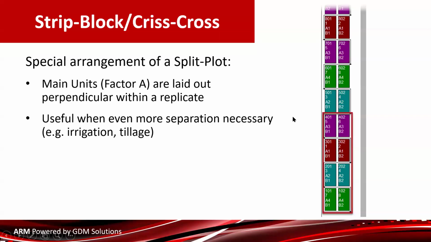Let me go to my slide. Maybe really this would be like plot 101, right? The one main unit they would think of as 101, and then you have 101.1 and 101.2, left half, right half. I don't think we have the ability to number those like that automatically.